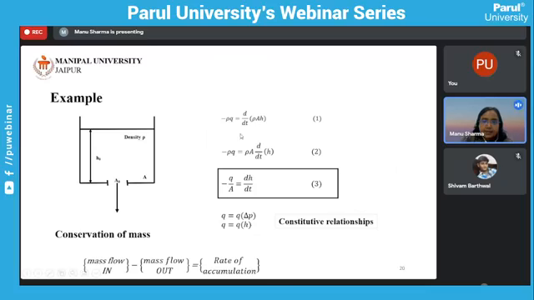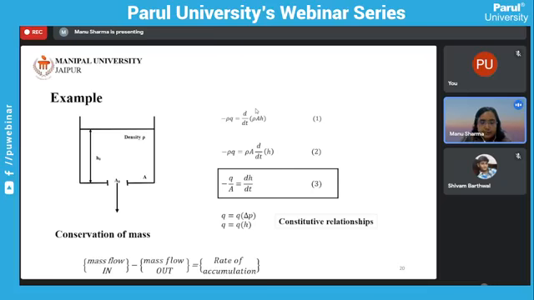We have expressed it in differential form, del of mass divided by the change in time. Because the fluid is continuously flowing out from the system, the amount of liquid in the tank will change with time. So rate of accumulation we are representing in terms of a differential equation.